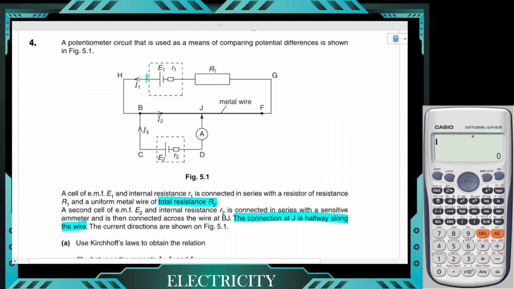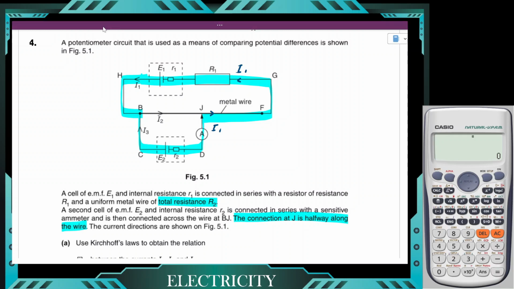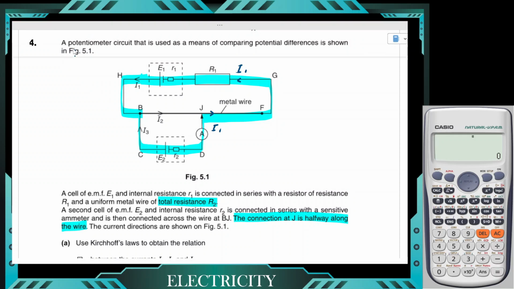This is the given loop now. And once again, as I have marked the currents already, this one is I1 over here, and the lower part, the current is I2. I3, as you can see on the diagram itself. This is the loop that we have to refer to.